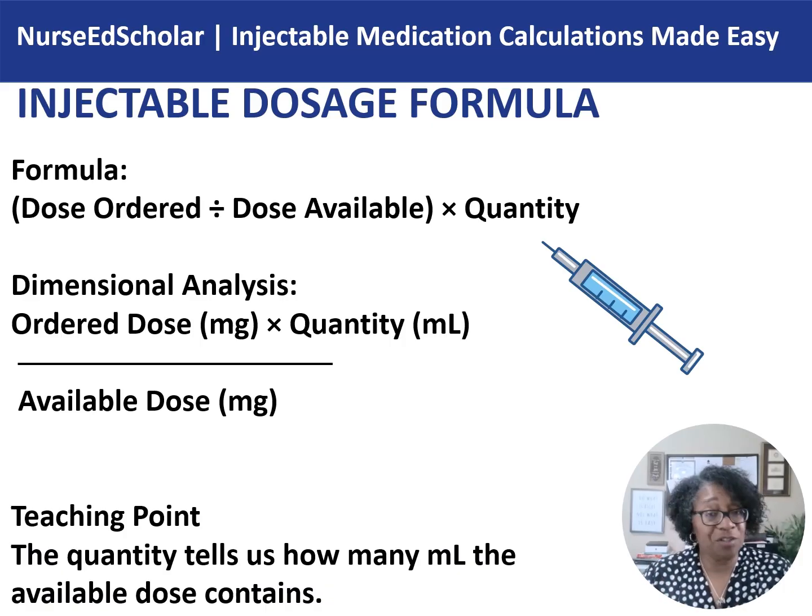For some of these medicines, it will be milliliters, and that will give you the amount to give. Think about it again. The dose ordered is what the provider tells you the patient needs. The dose available is what the dose is on the vial of medication. And your job as the nurse will be to calculate how many milliliters to actually draw up for your patient.